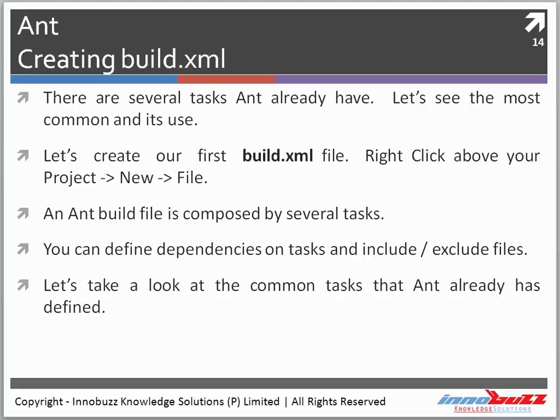Inside each target are task declarations, which are statements of the actions Ant must take to build that target. Targets can state their dependencies on other targets, producing a graph of dependencies. When executing a target, all its dependencies must execute first.